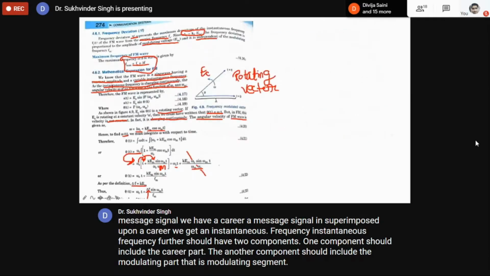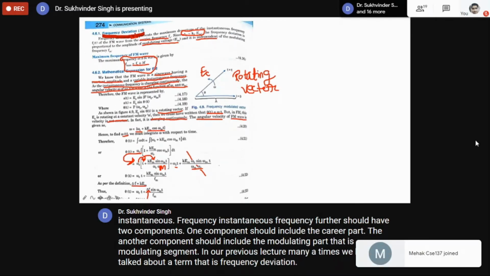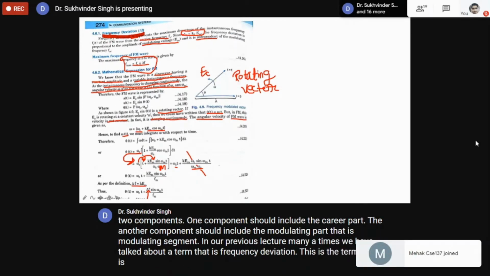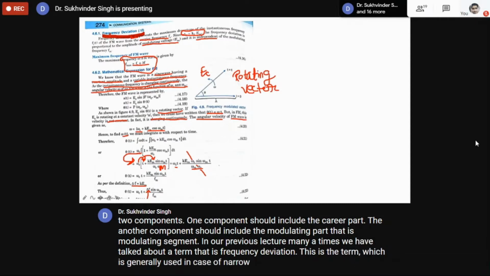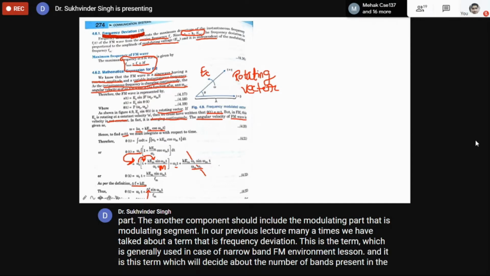In our previous lecture, many times we talked about a term, frequency deviation. This term is generally used in the case of narrowband FM and wideband FM, and it is this term which will decide the number of bands present in the spectrum.